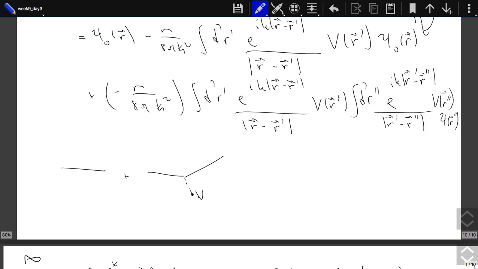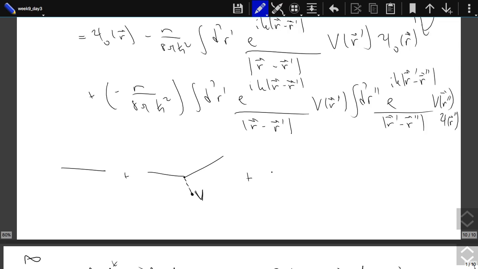So this V is this V over here. What I show by these dashed lines is all this factor over here, minus m over 8 pi h bar squared e to the power i k and so on. That factor is the propagator of the potential term. So kind of the potential propagates from this point to this point, and at this point it affects my particle.